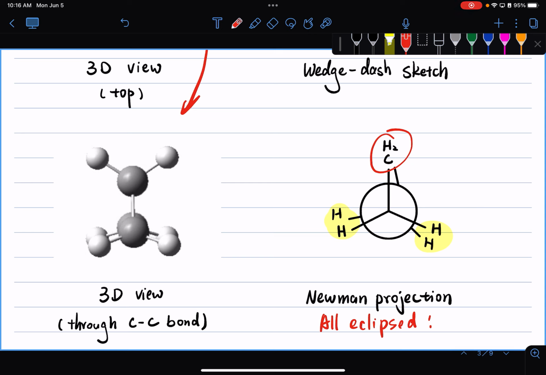At the same time, by putting your cyclobutane as a planar molecule, our hydrogen atoms are always eclipsing each other. You can see they're always on top of each other, and your chemical bonds are eclipsing each other, creating lots of torsional strain.